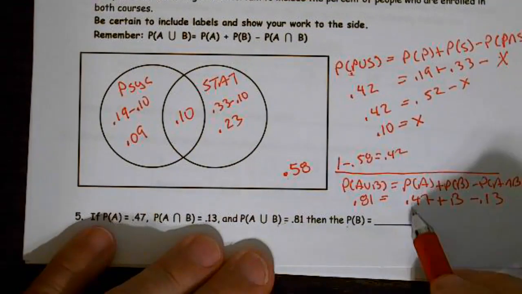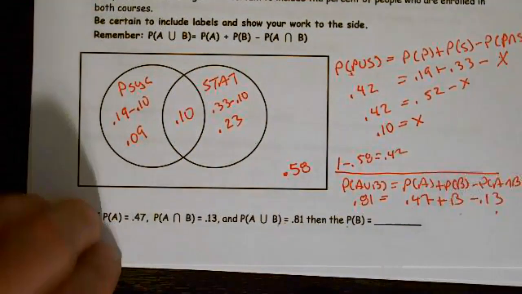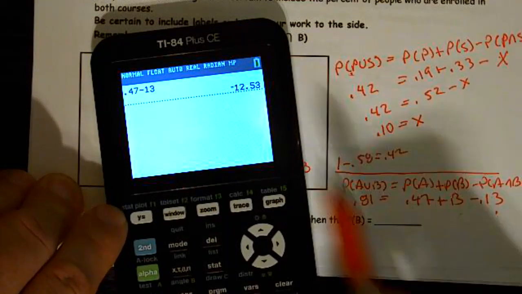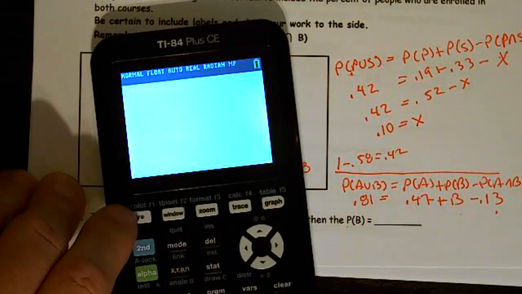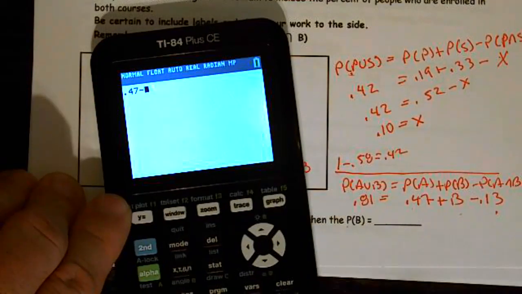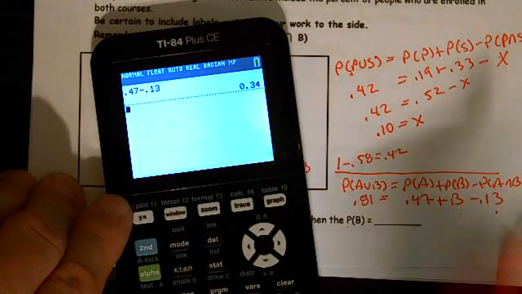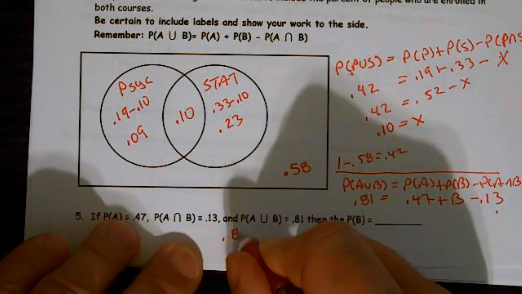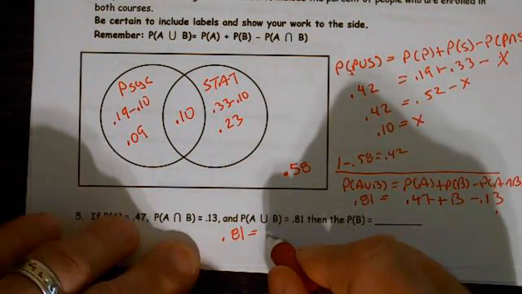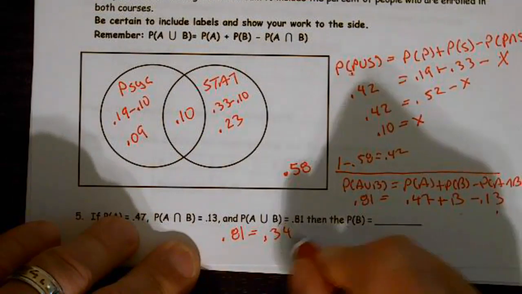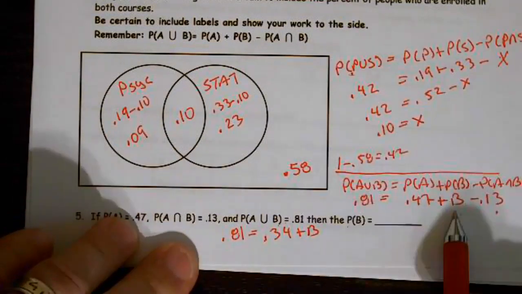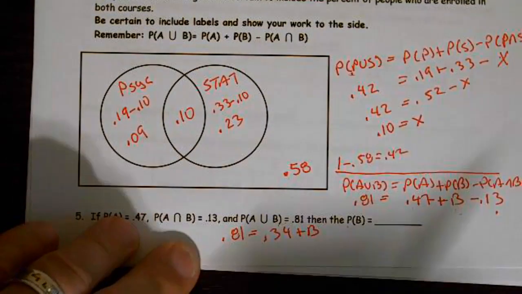So I'm going to combine the 0.47 and the 0.13. So 0.47 minus 0.13, because I said minus, and that gives me 0.34. So now I have 0.81 equals 0.34 plus B. I'm going to go ahead and subtract that from both sides.